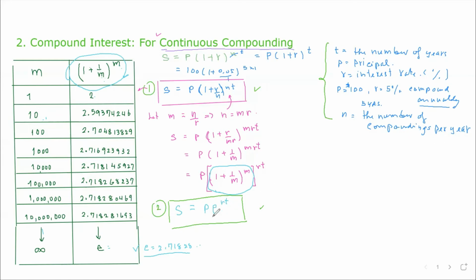And e we know is equal to 2.71828 something. Most of the time we use only 4 decimal places.